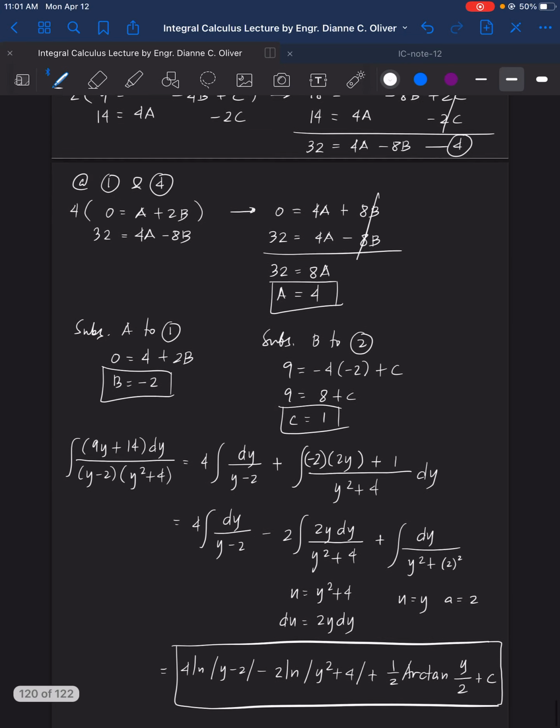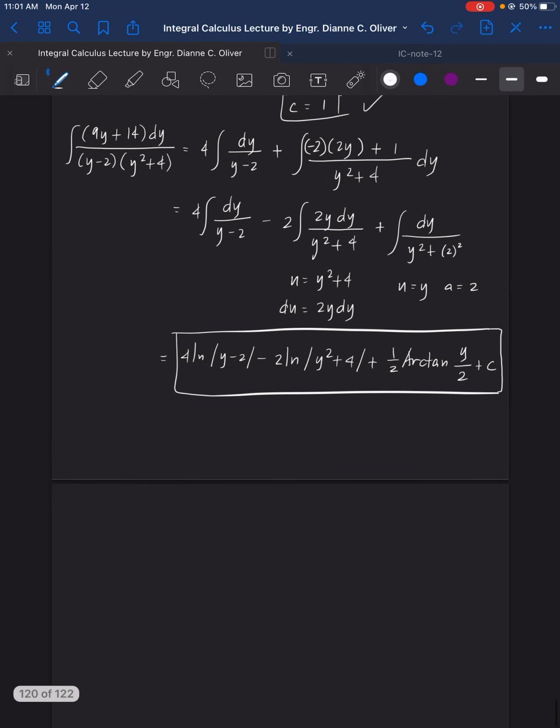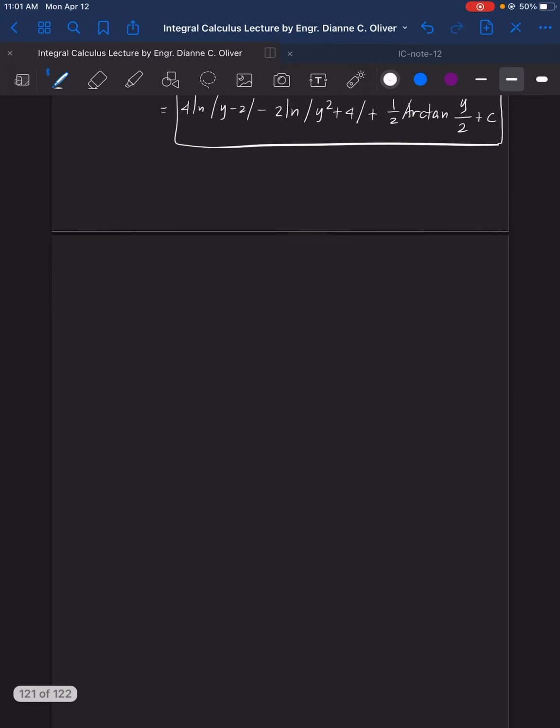And these are the constants a, b, and c. You can use your calculator. Right now, I'm currently using the Casio fx-991ES Plus. This is for checking only if the constants that you were able to obtain were correct.